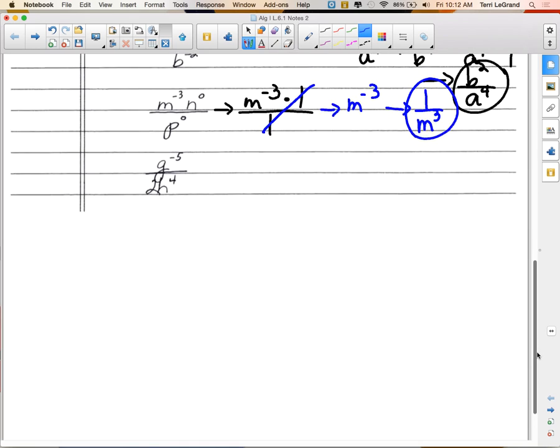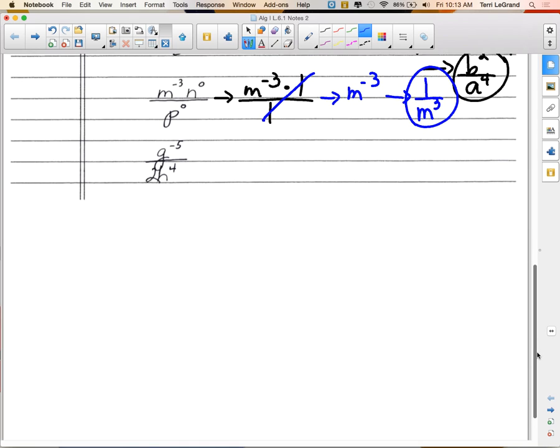One last one. How do you think we're going to start this one? Writing it as a division problem. g to the negative 5 divided by 2h to the 4th. Does g to the negative 5 need to be simplified?